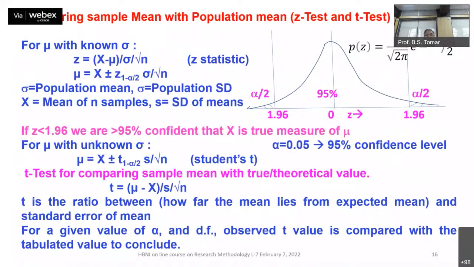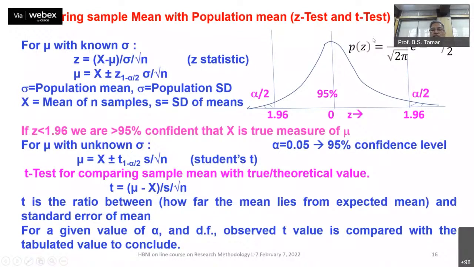Okay, so let us discuss in more detail that we want to compare the sample mean and population mean. If you are given the value of the population mean, you want to know whether the sample mean and population mean belong to the same distribution or there is a significant difference.